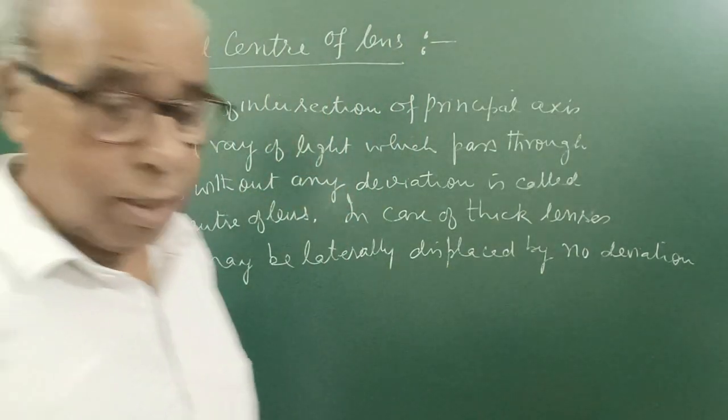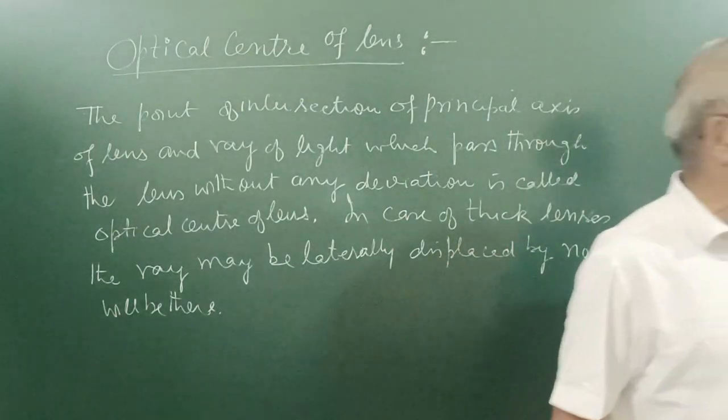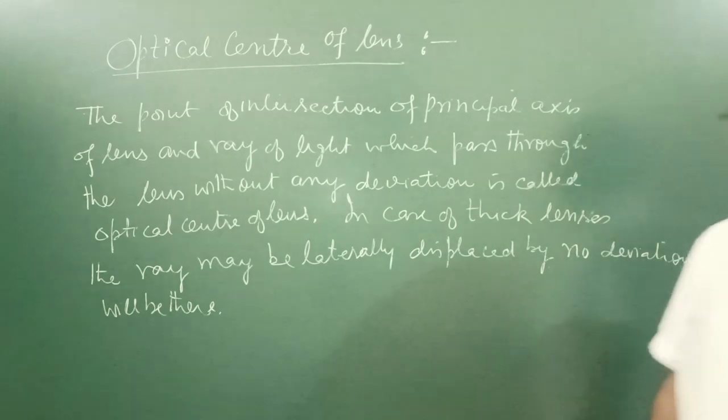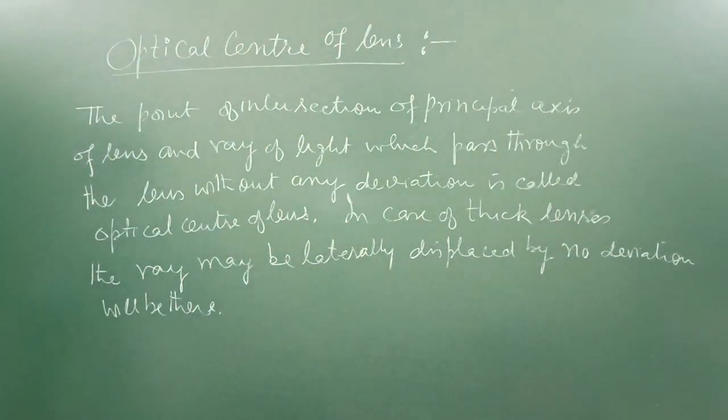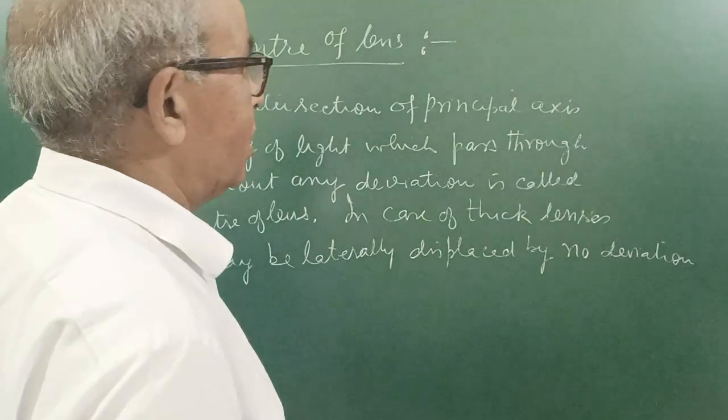I told you that the point of intersection of the principal axis and a ray of light which passes through the lens without any deviation is called the optical center of lens.